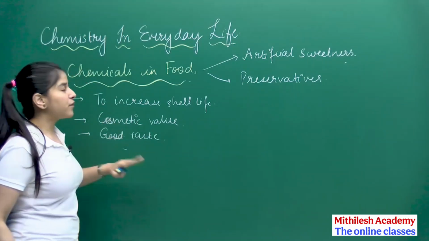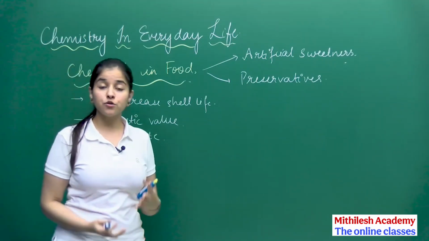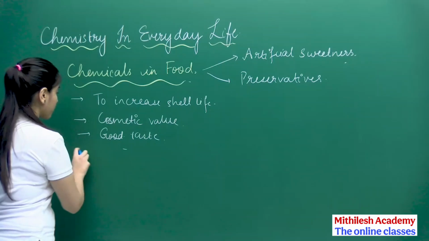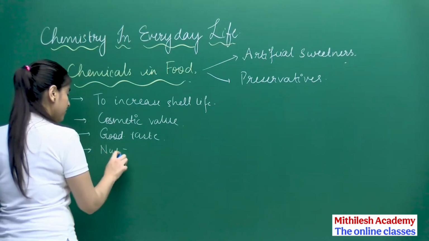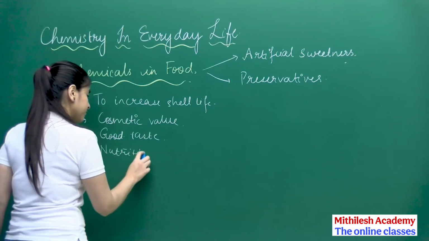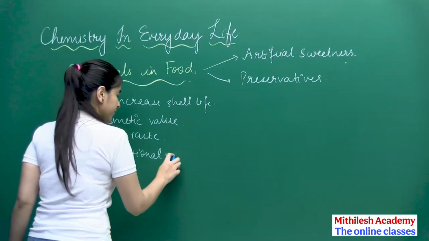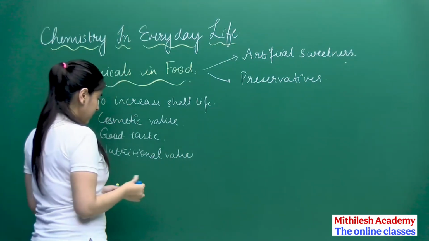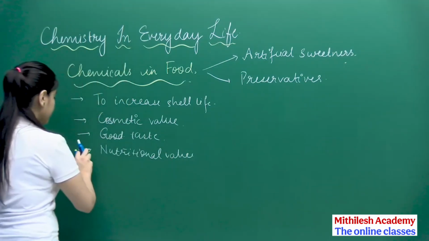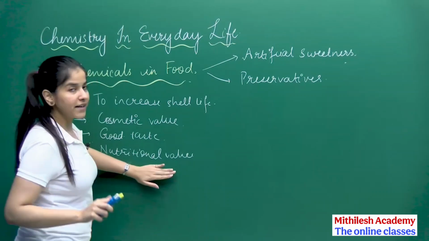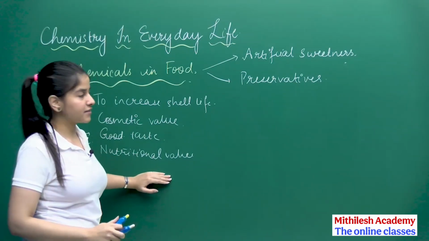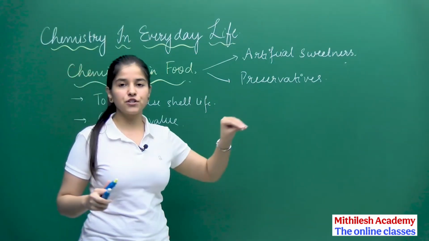We also add chemicals in order to increase the nutritional component, the nutritional value. Actually, out of all, this is the only addition which actually benefits us. Now let's move on to the artificial sweeteners.